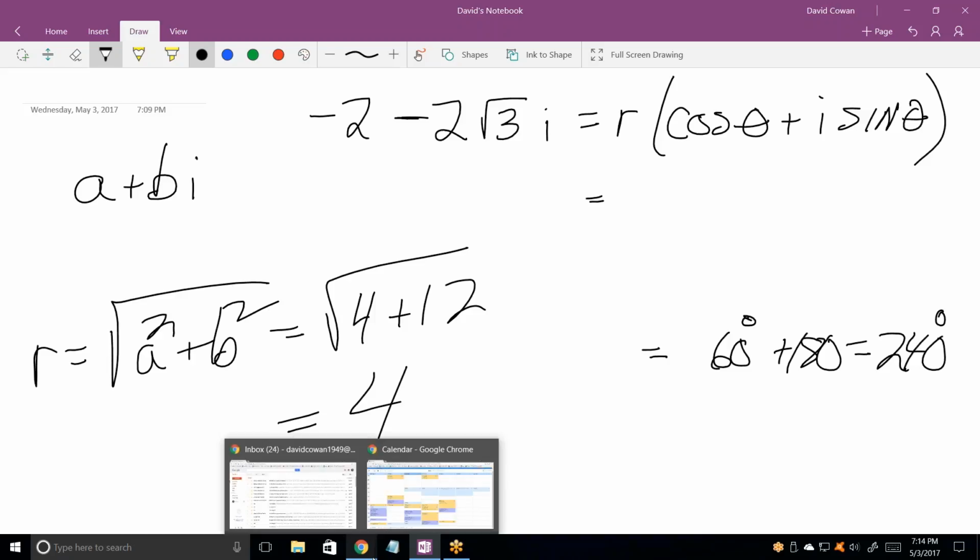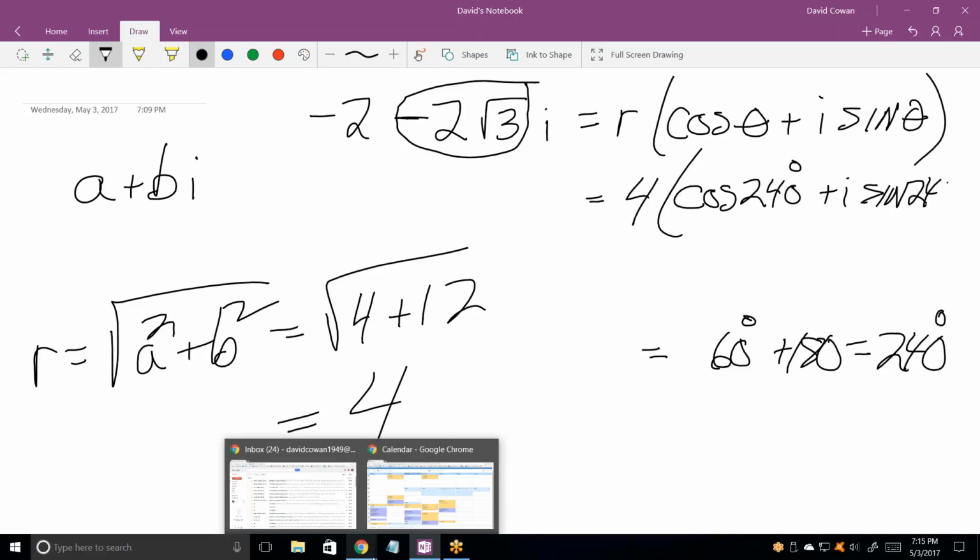So now the trigonometric representation of that complex number is 4. Isn't b negative 2 root 3? Yes. I squared that and got 12. Okay, gotcha.